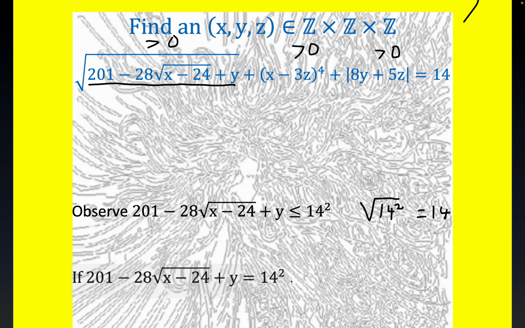Now, it makes sense to go ahead and check what happens if you set it equal to 14, and it's pretty quick. It's fairly easy to see that if you set it equal to 14, that would imply that x must be 24. Now if x is 24, that would make this part vanish, and we would need y to be negative 5. So we get x equals 24 and y equals negative 5.